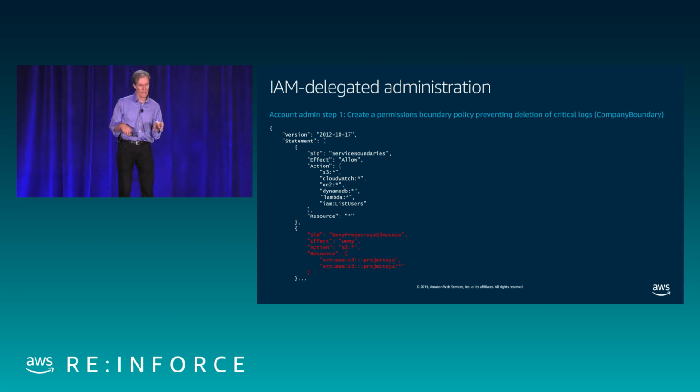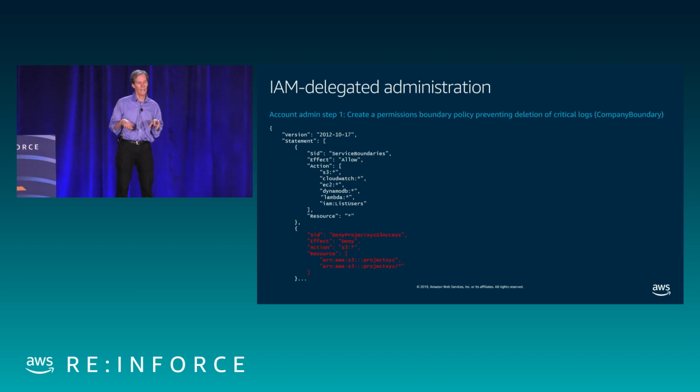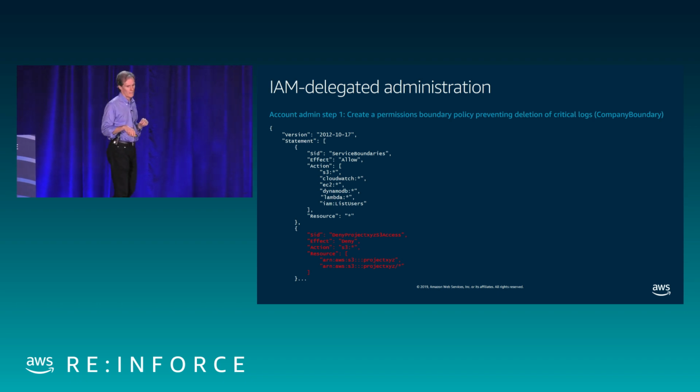And that constraint says, not so fast. On S3, yeah, you can do everything except, and you can't actually do anything on a particular bucket. The goal here is to really make sure nobody messes with this project bucket because it's got some stuff that we don't want other people even seeing or touching.